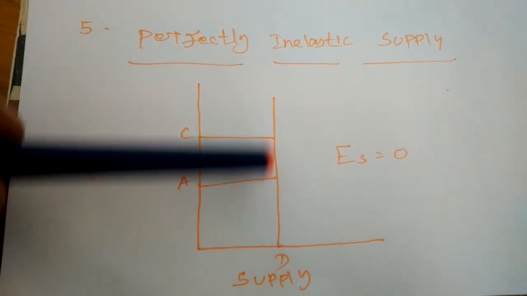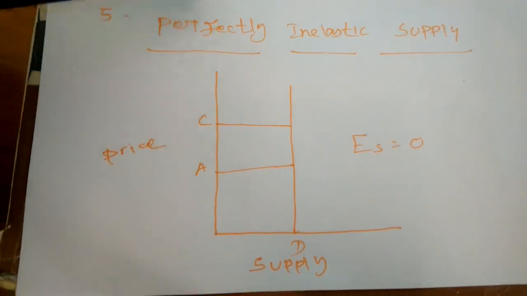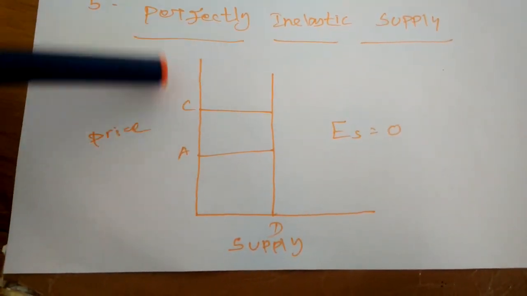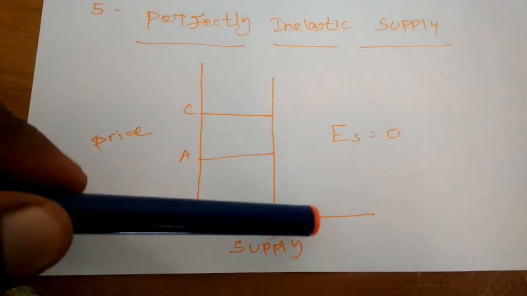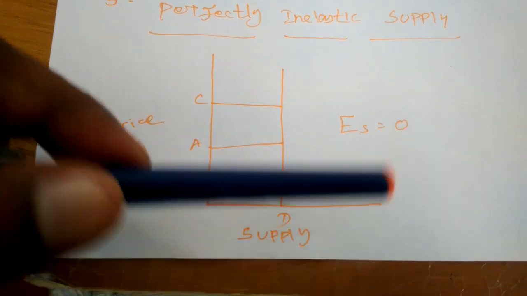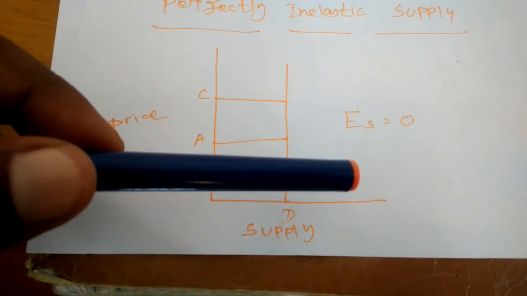Here the supply curve will be vertical, because even if the price of the commodity increases, the supply will never change. Producers will never produce more commodities.